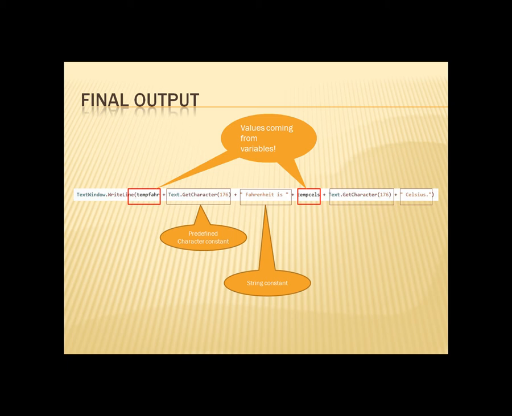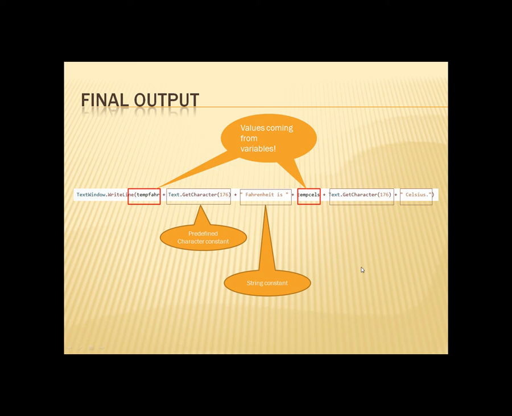A string is a string of characters all contained in quotation marks. So these are string constants. Again, not variables. We've hard-coded these values into the program. The word Celsius here is the word Celsius. It's not going to change. So this line of output is really a mixture of variable values, values that are coming directly from our variables, and constants, such as these string constants.